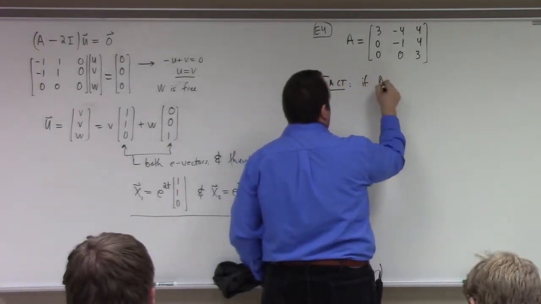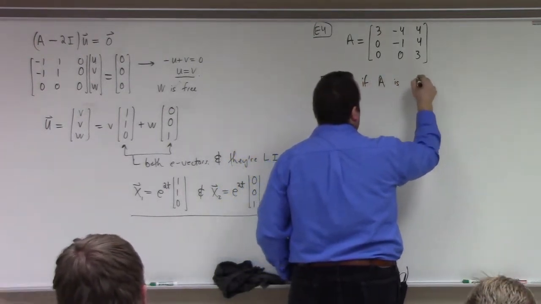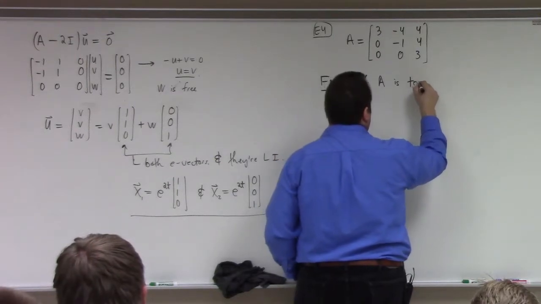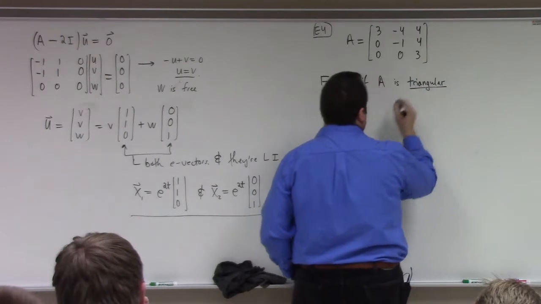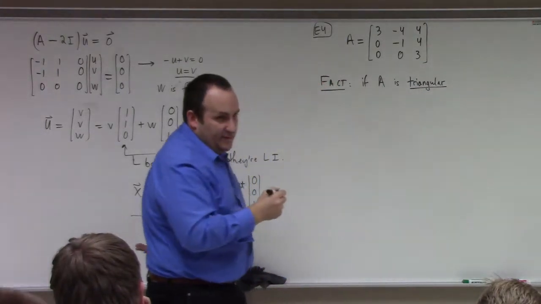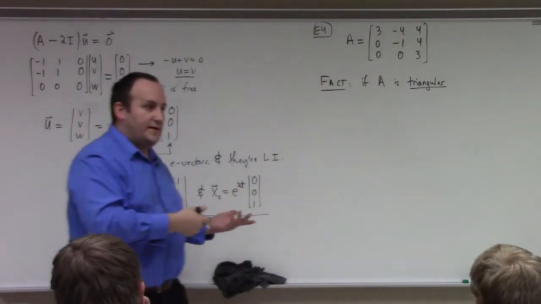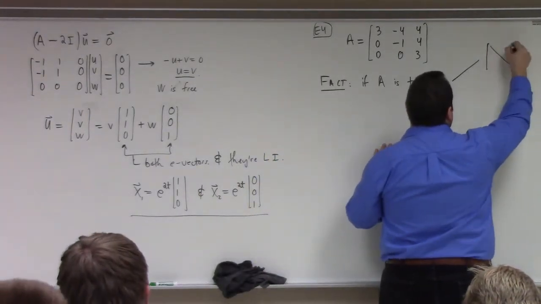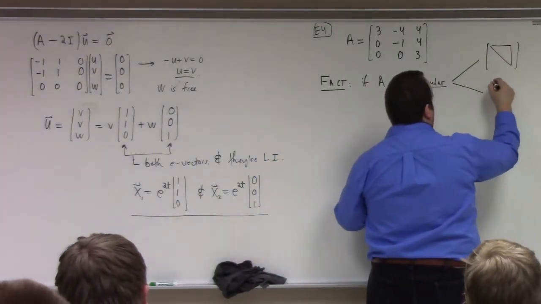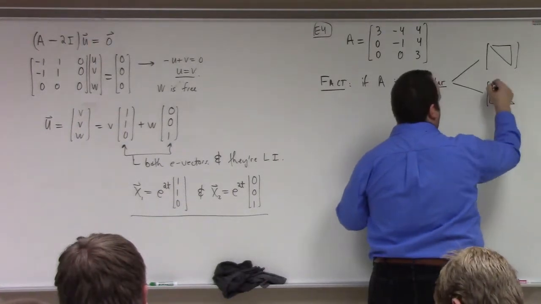If A is triangular, what triangular means is the shape of the matrix is either upper or lower triangular. Upper triangular looks like this. Lower triangular looks like this.